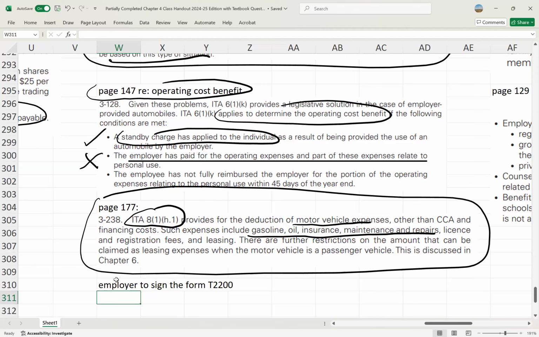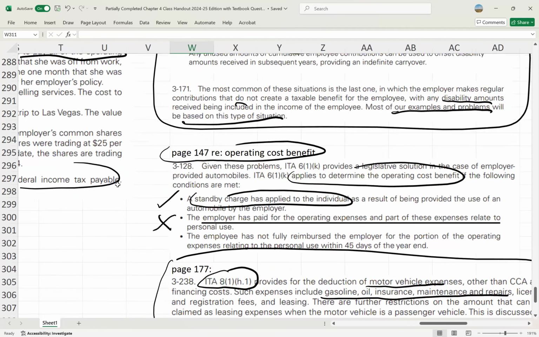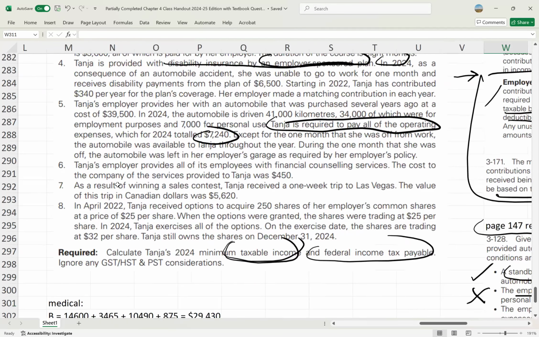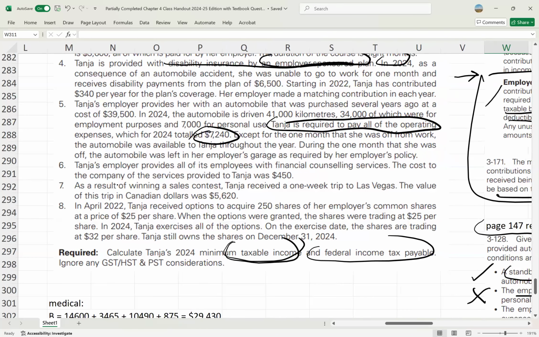Otherwise, why would you bother incurring all these expenses if you weren't able to make any of the deductions? Why would you pay for all those operating costs if you weren't able to deduct any of it? So we can just assume logically that form T2200 would have been signed by the employer. And then now we have to think about a logical way of how much of the 7,240 relates to employment use. Well, the most logical way is just to prorate it. A total of 41,000 kilometers driven.